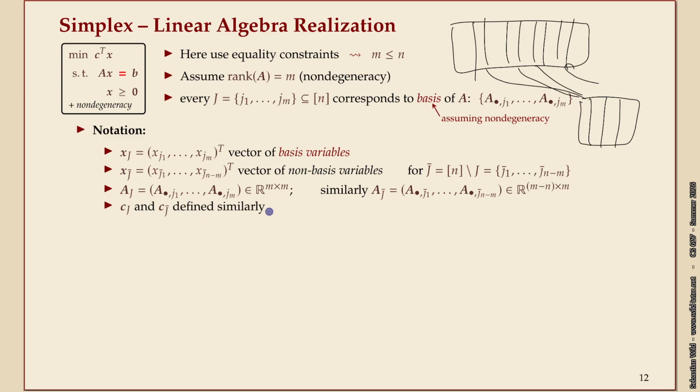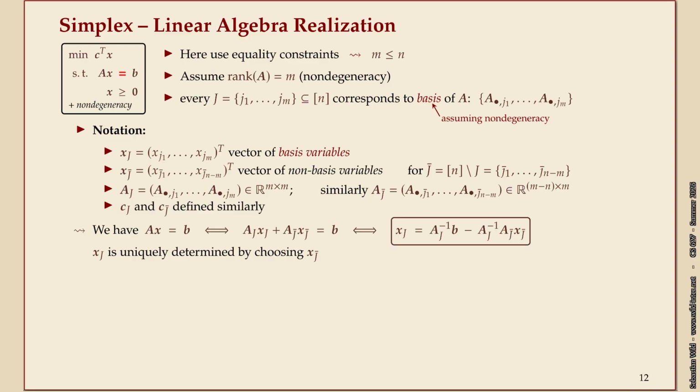And you similarly do that for the objective function coefficients. Then any feasible vector, so any x that satisfies the equality constraints, you can just rewrite by splitting up that large sum into the columns that have index in capital J and the others.